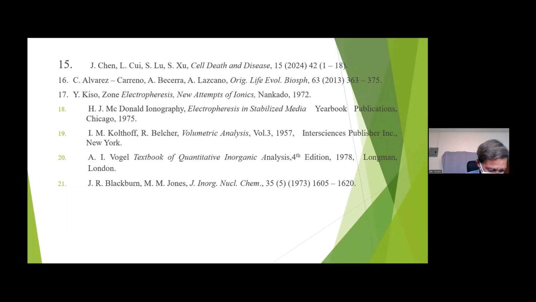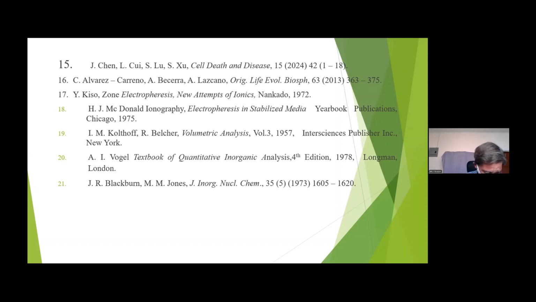Number 17, Y. Kisho, Zone Electrophoresis, New Attempt, Nankado, Japan 1972. Number 18, McDonald, Ionography, Electrophoresis in Stabilized Media, Year Book Publication, Chicago 1975. Number 19, Kolthoff and Belcher, Volumetric Analysis 1957. Number 20, Vogel, Textbook of Quantitative Inorganic Analysis 1978.